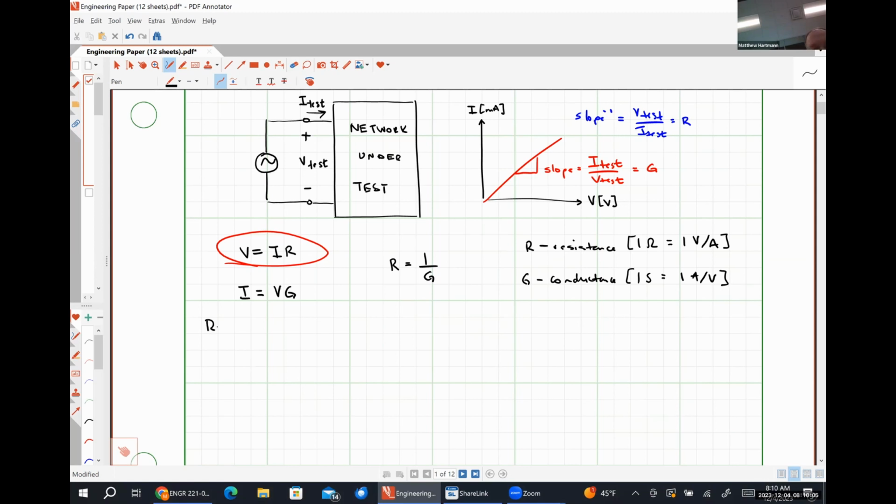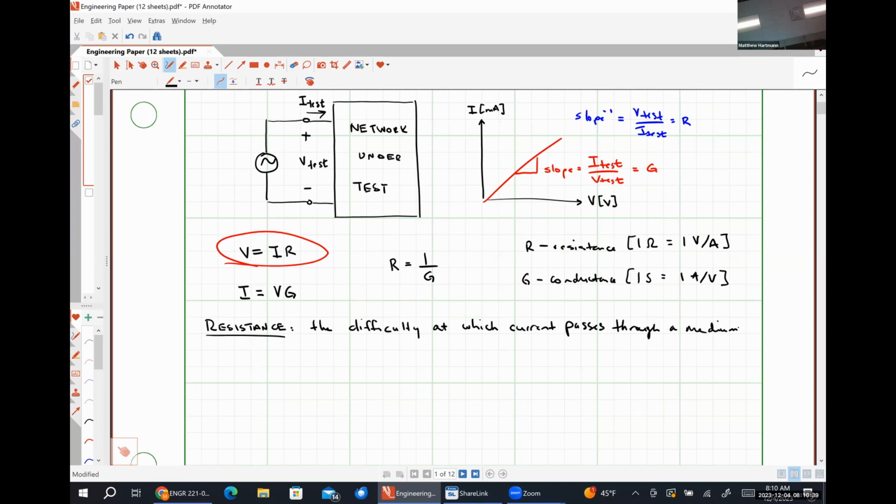Resistance can be defined as the difficulty at which current passes through a medium.